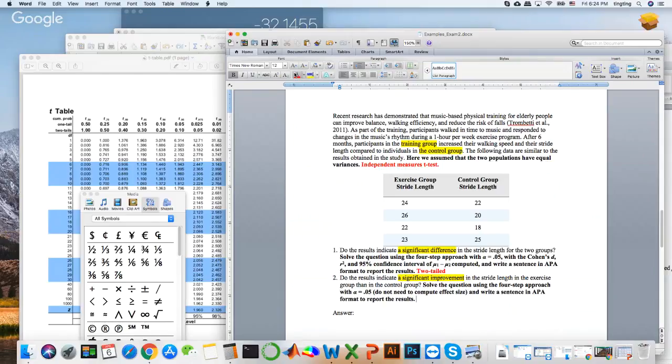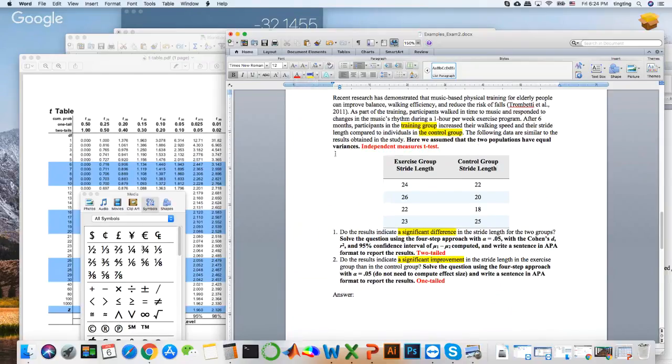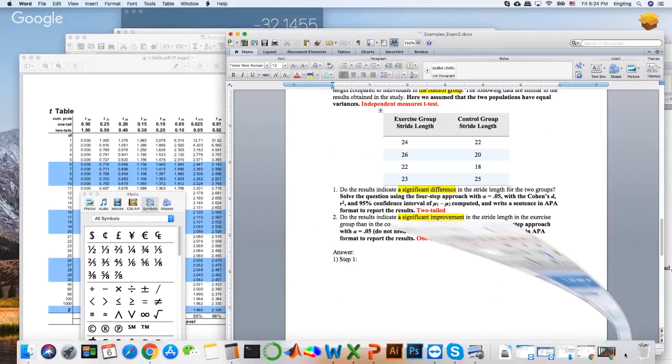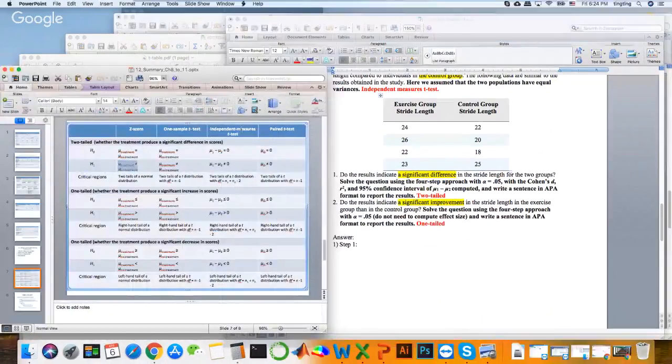And here, we need to do a one-tailed test. That's it. So we read this question, and then let's start to solve these problems. Four steps approach. Step 1, state the hypothesis. Go back to my slides. For independent measures t-test.